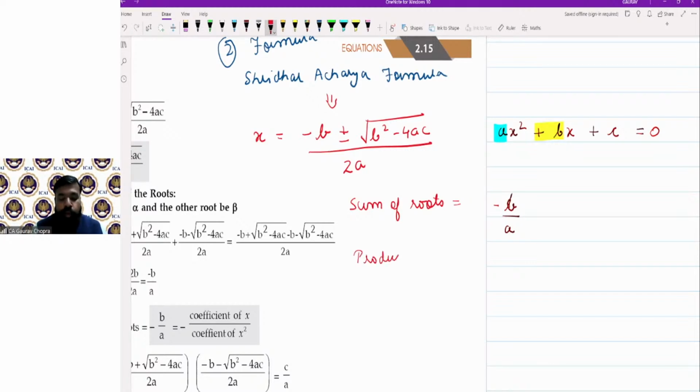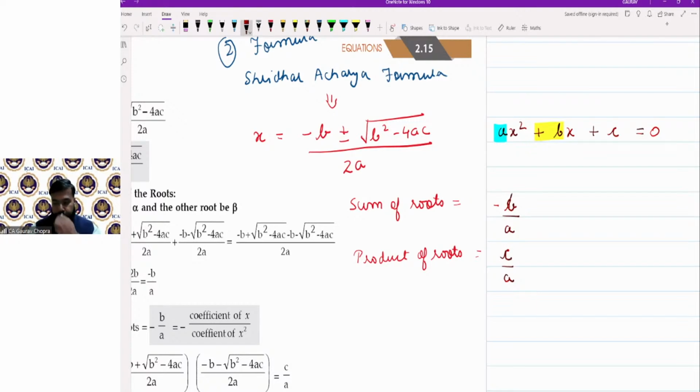And the other one is known as the product of roots. Product means multiplication, so we can write it as c upon a. c denotes the constant and a is the coefficient of x square.